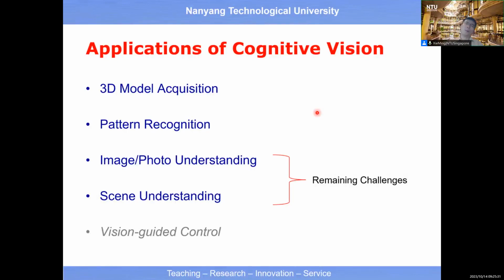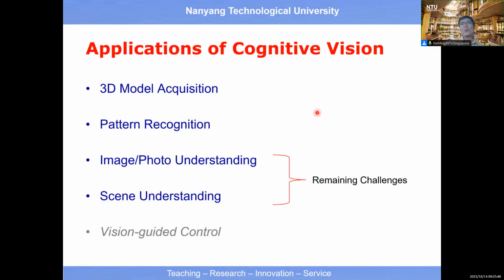So this slide basically highlights to you today that our machines are able to construct geometric models from visual signals and do some recognition of patterns based on visual signals, right?